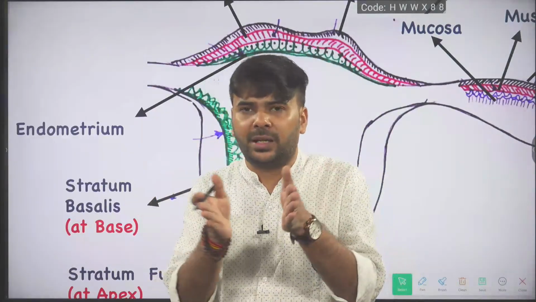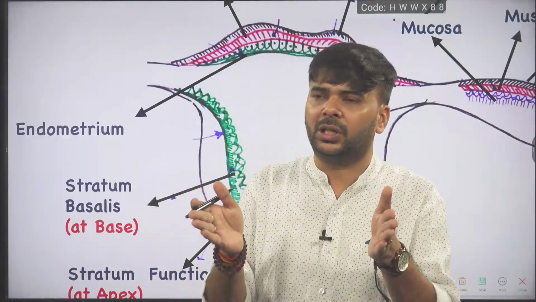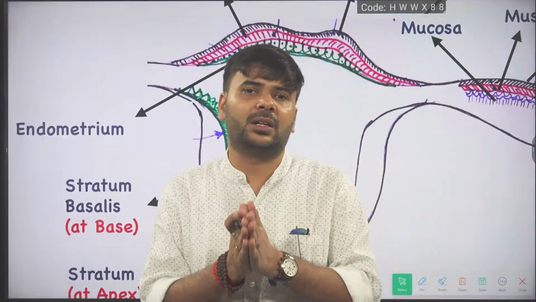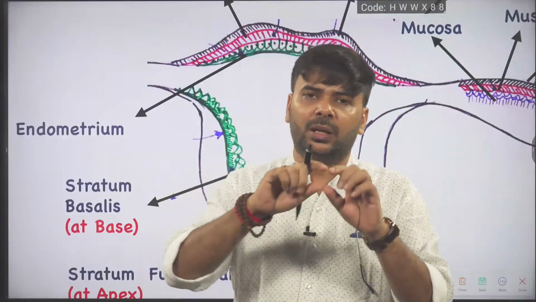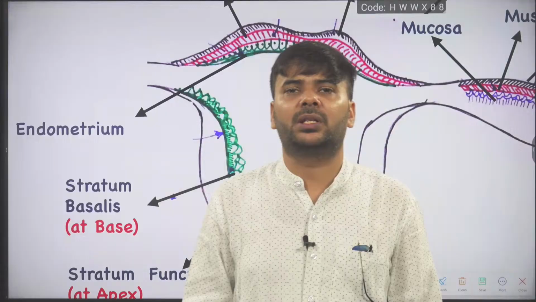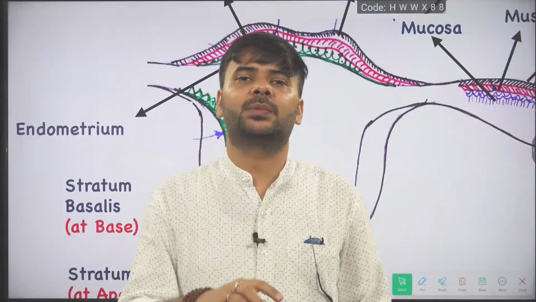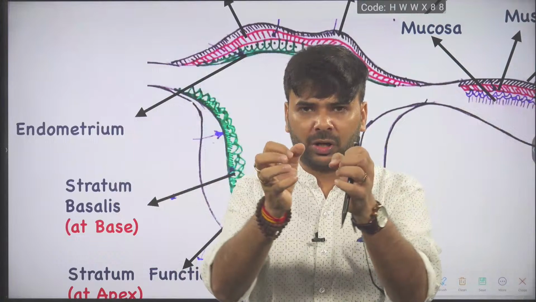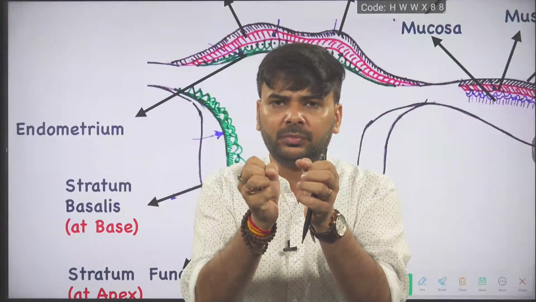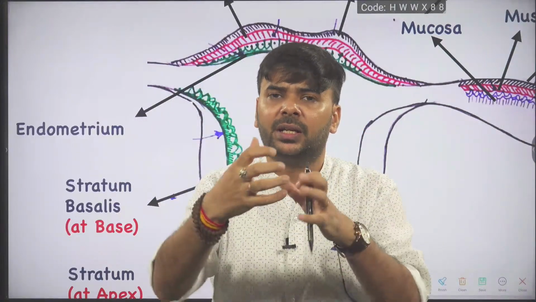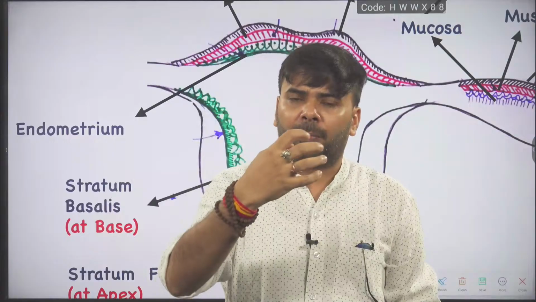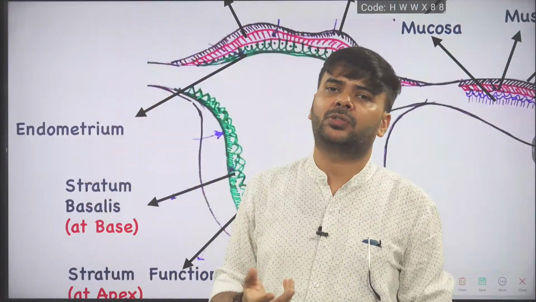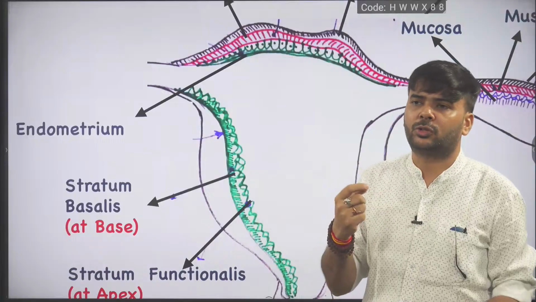Endometrium provides the connection to the embryo, to the baby for development, for placenta formation. Then myometrium is the muscle. It helps in parturition, the end of pregnancy. The contraction of the uterus leads to propulsion, propelling the baby out of the body, and that's why it is called parturition.